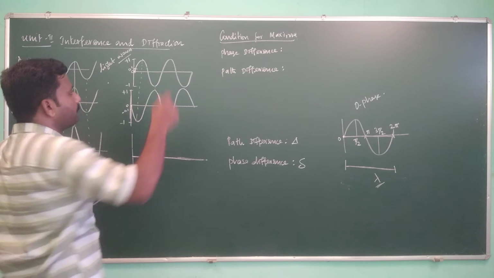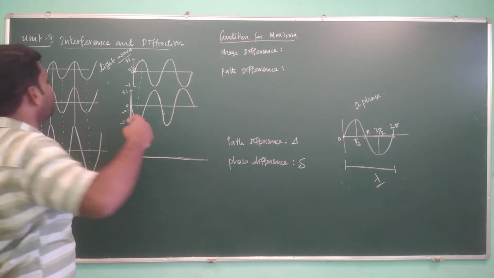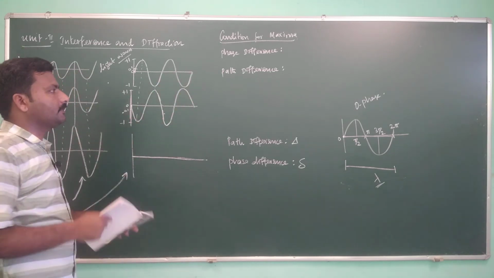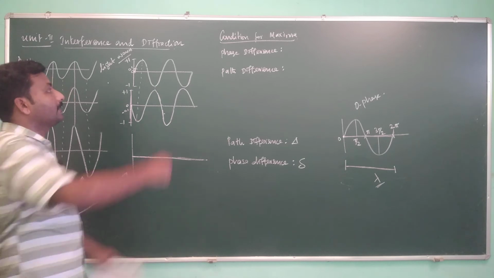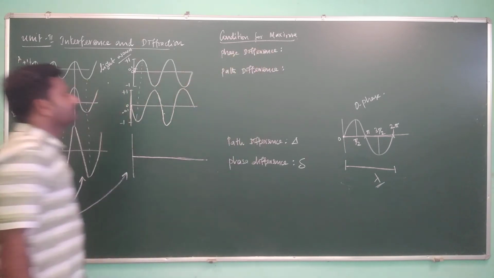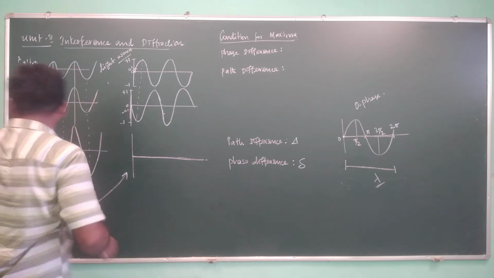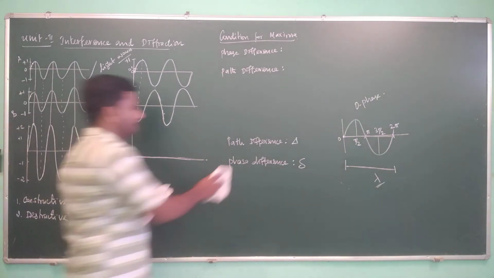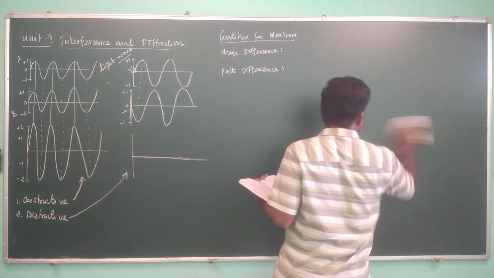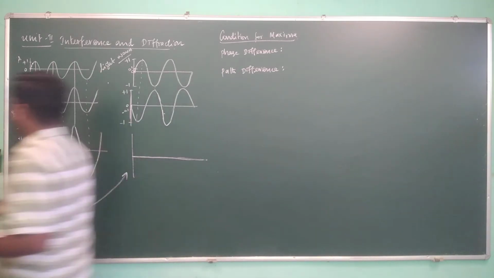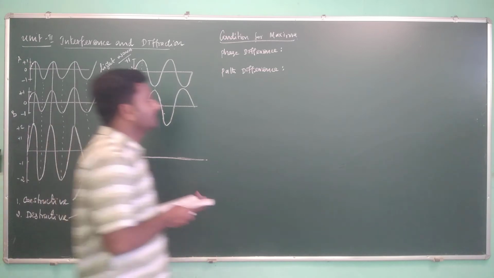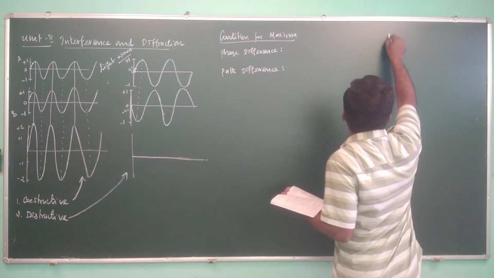Similarly, if this is the path difference, then constructive interference will happen. That we could say. But what is that equation? How to obtain that? Okay, that is the question now. See, let's consider a wave. How to understand this is important. It's not just a matter of memorizing things.